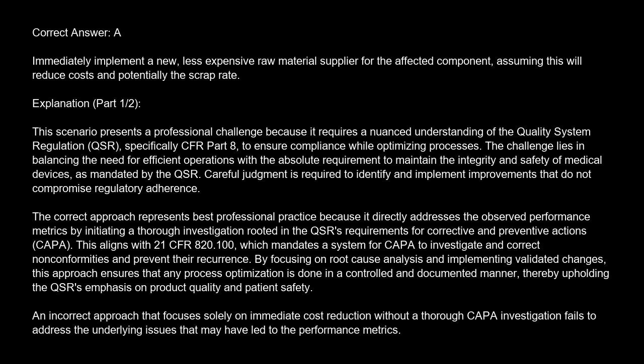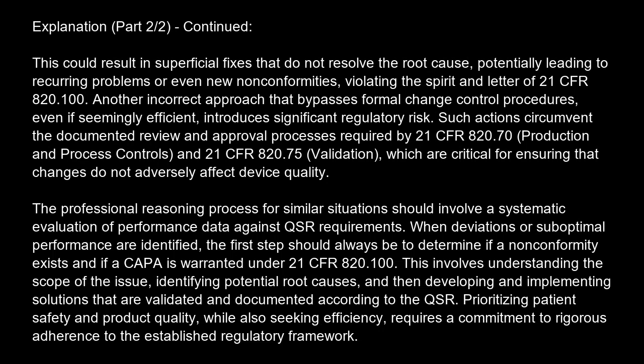An incorrect approach that focuses solely on immediate cost reduction, without a thorough CAPA investigation, fails to address the underlying issues that may have led to the performance metrics. This could result in superficial fixes that do not resolve the root cause, potentially leading to recurring problems or even new nonconformities, violating the spirit and letter of 21 CFR 820.100.